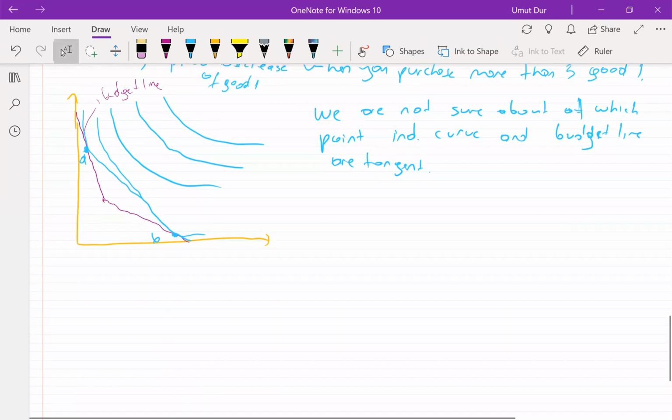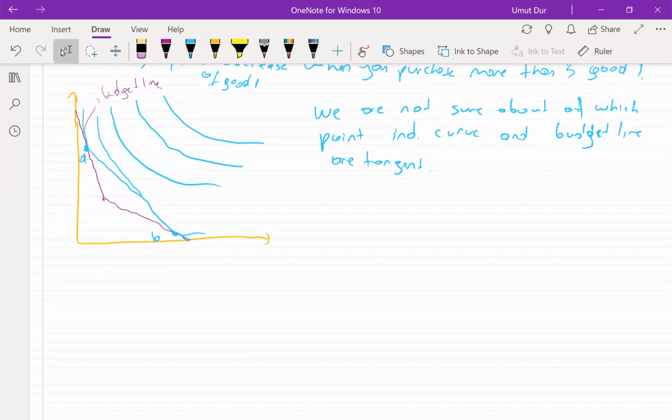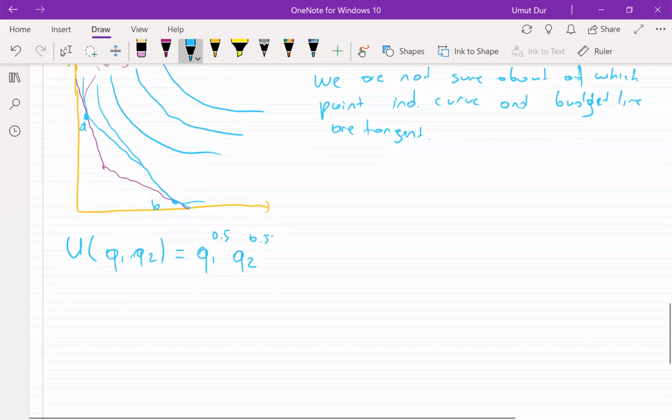How do we do that? Let me just give you a very simple example here. Let's say that our utility function is Q1 to the 0.5 times Q2 to the 0.5. We have two goods here.